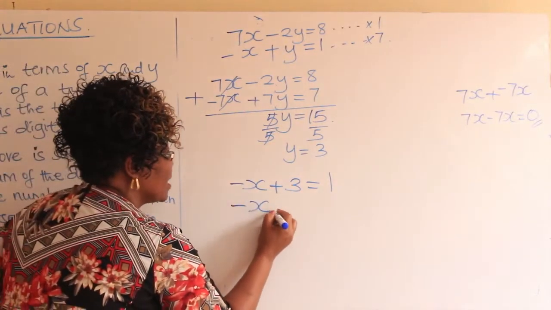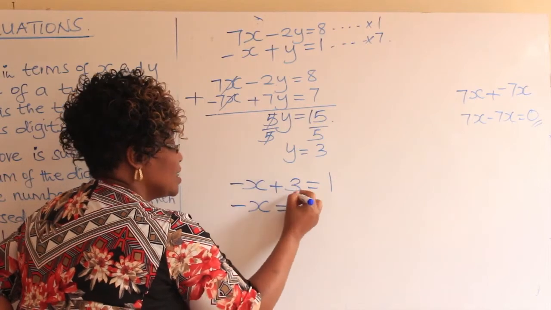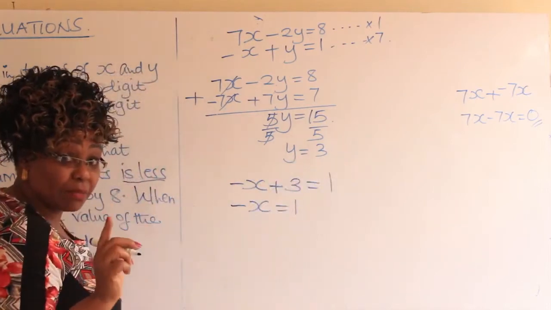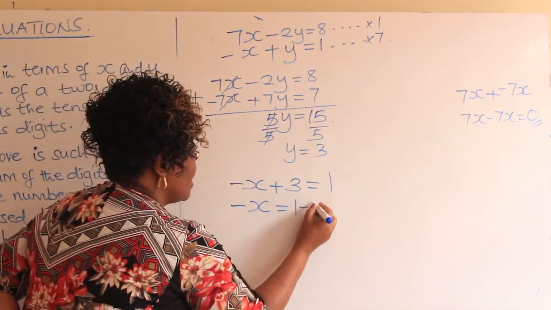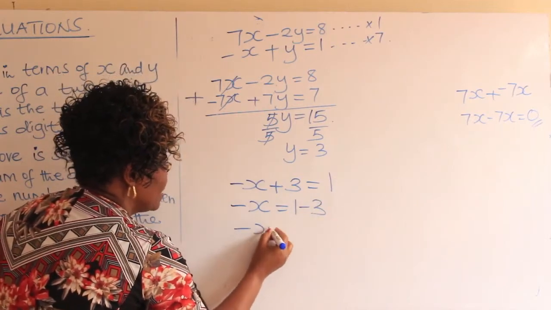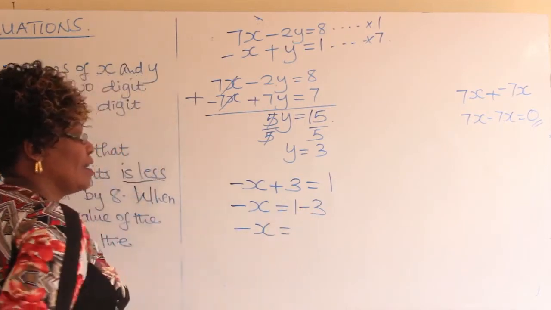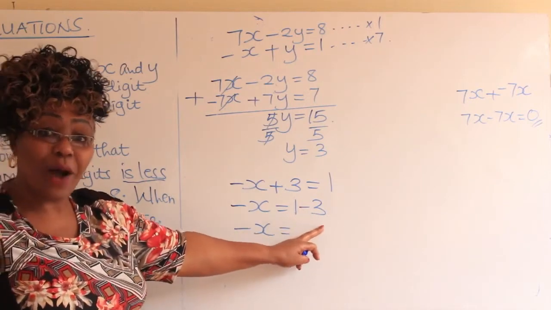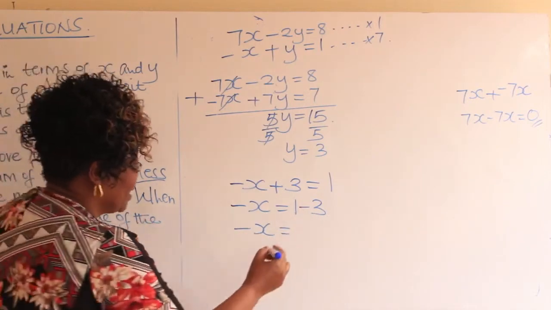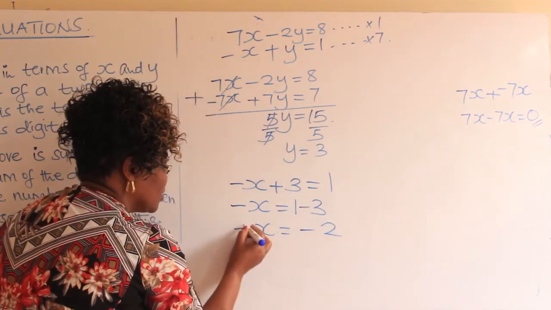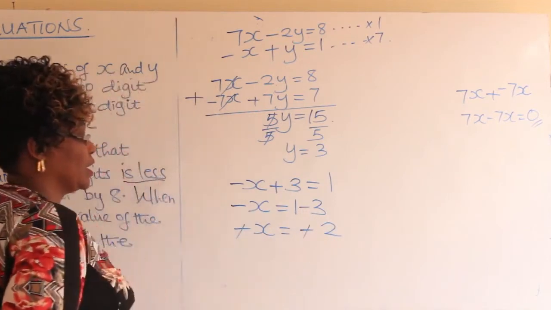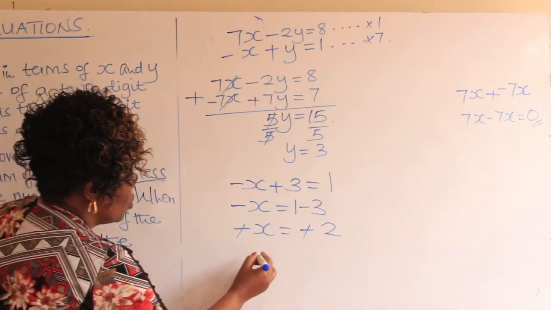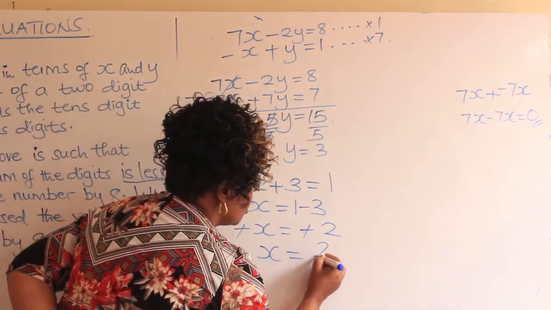So minus x is equal to 1 minus 3, taking the 3 to the other side. 1 minus 3 is minus 2. Now that we have minuses on both sides, we cancel them out, and so your x is 2.